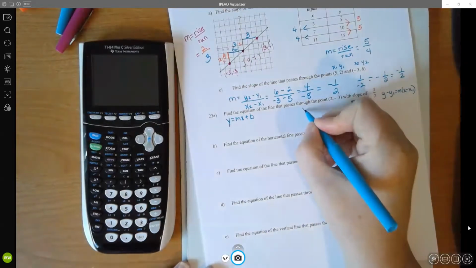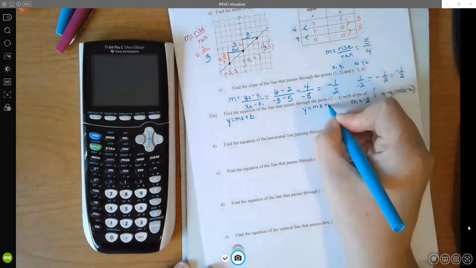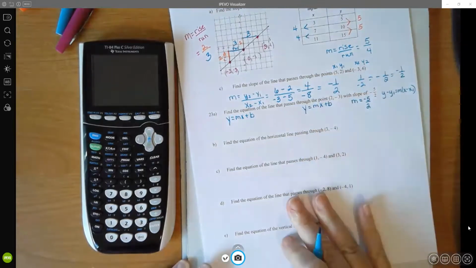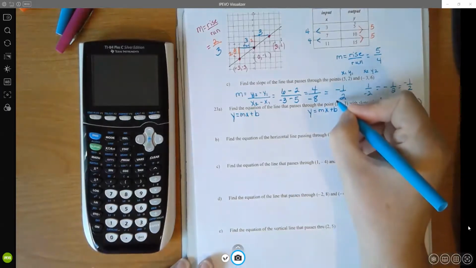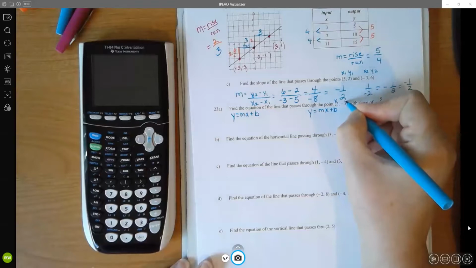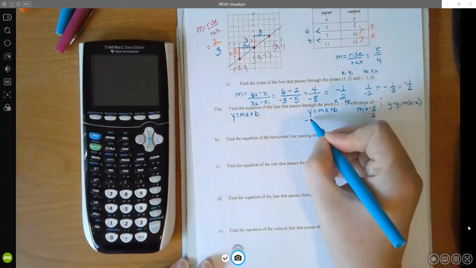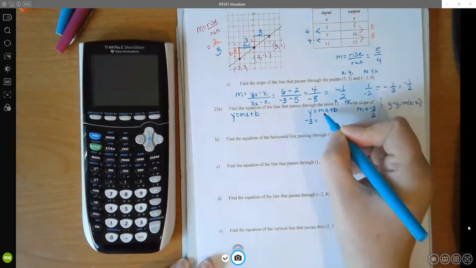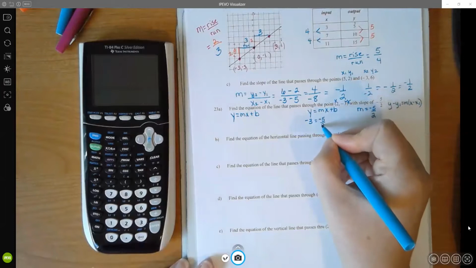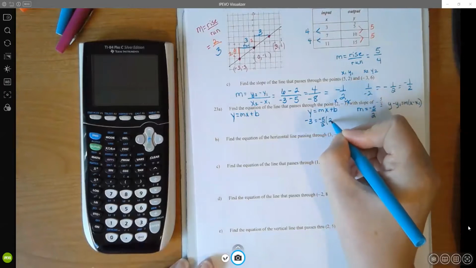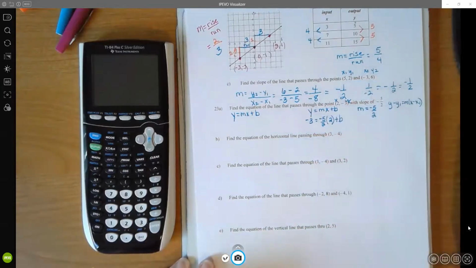So I do not know the y-intercept, so I will take the form of my equation and I will substitute in this as x, this as y. So my y is -3, my m is -5/2, my x is 2, and I'm going to solve for b.